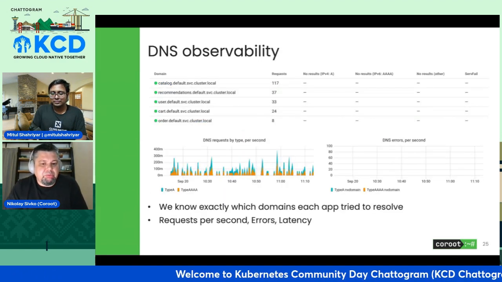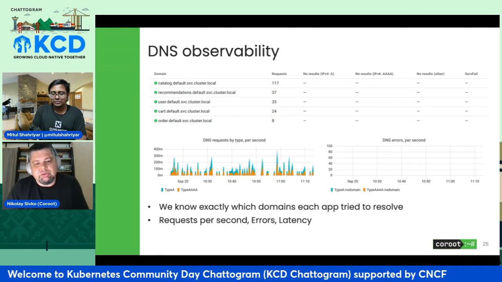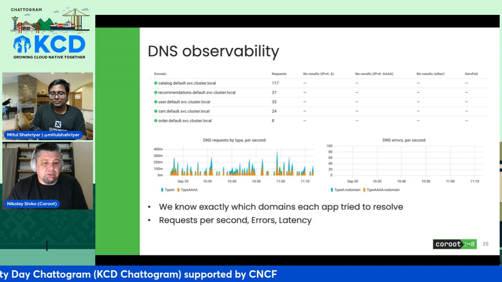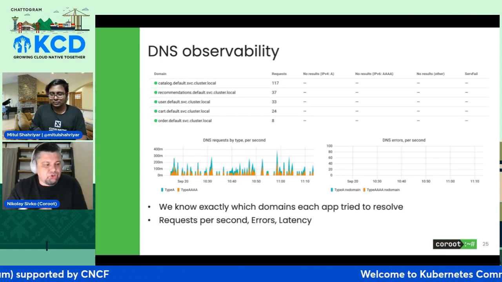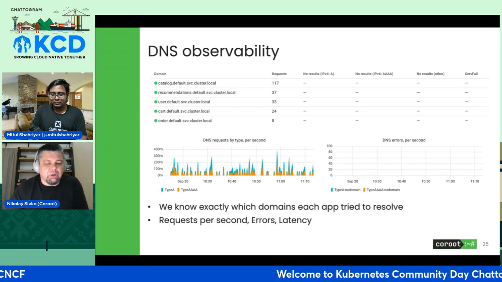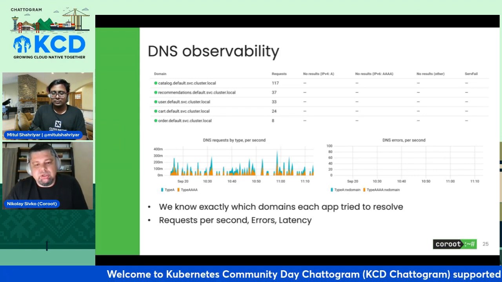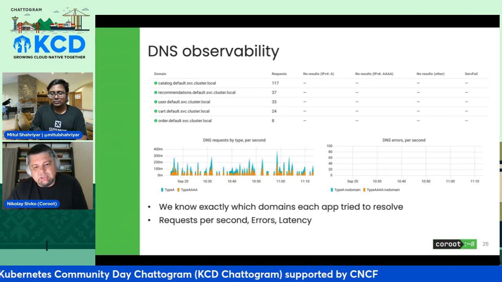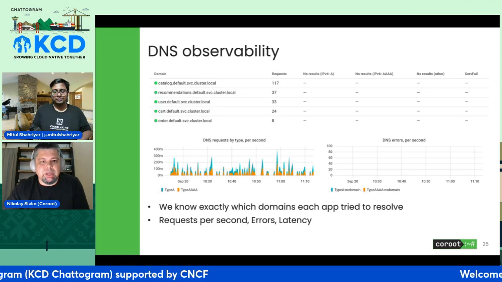Also, with eBPF, we track DNS requests, and we can measure their latency, errors, and so on. So we can see which DNS requests are made by a particular container. And for example, if you have any issues with DNS servers in your Kubernetes cluster, you can see these issues really quickly.